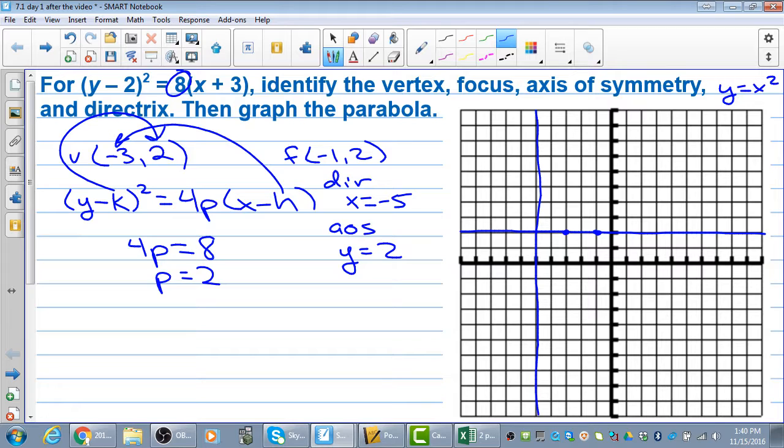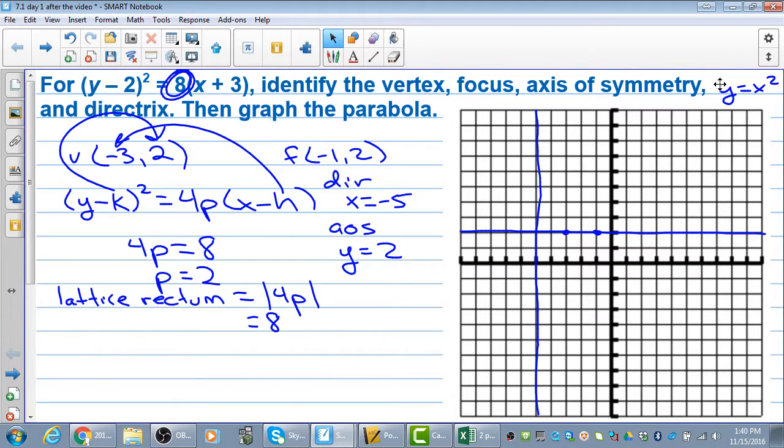I think I have all the information now I need to graph it. We have this thing called the latus rectum. Now that is equal to the absolute value of 4p, which means we don't want to ever report this as a negative value because it's a length. It's the length through the focus, parallel to the directrix. So in our case, it's 8. Right there, it's just the 4p.